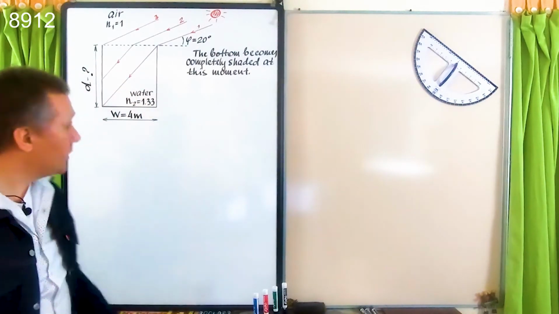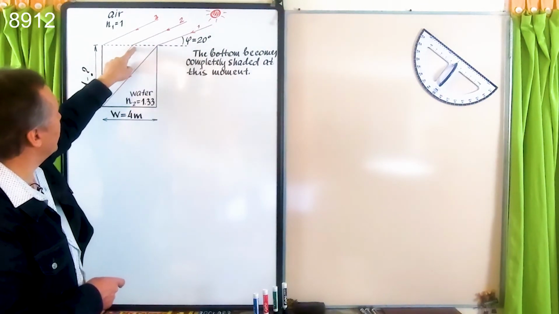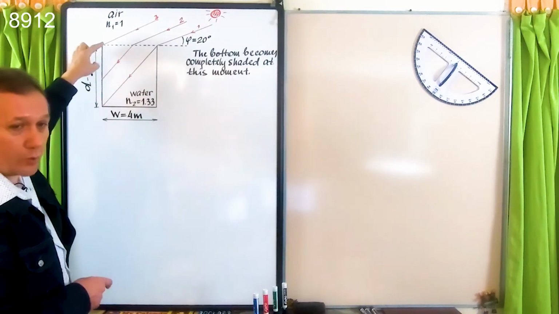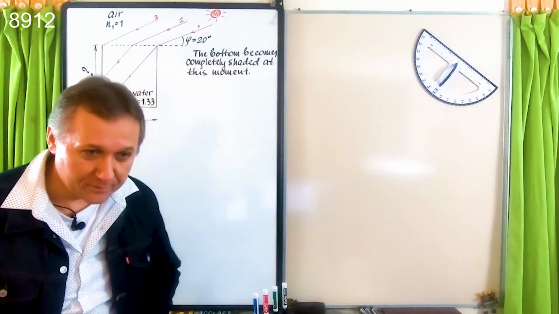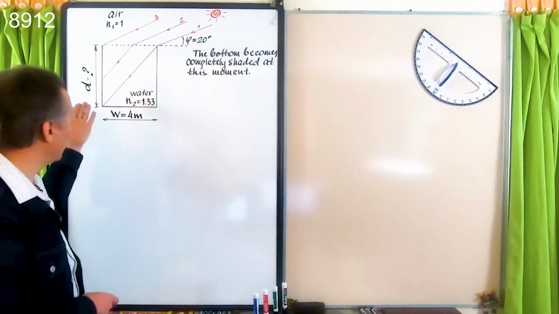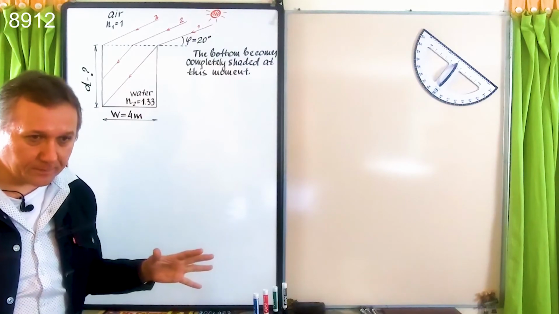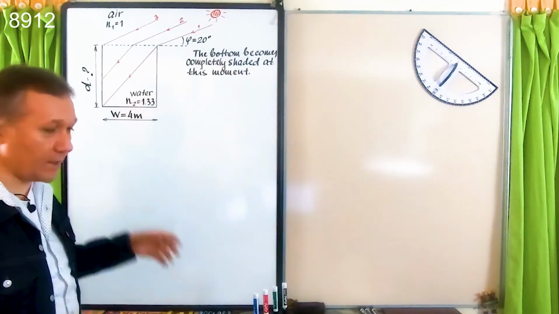The rest of the rays which hit the surface of the water at this point and that point are all going to end up on the wall of the pool. The wall will still be illuminated, but the bottom will be completely shaded.